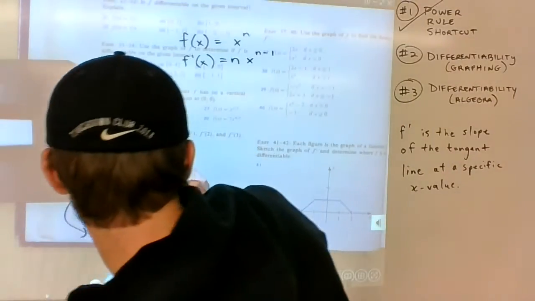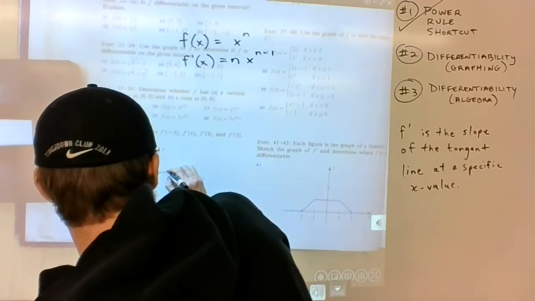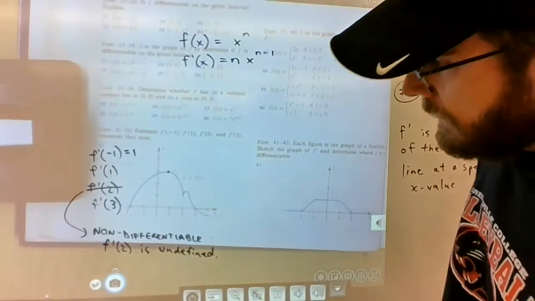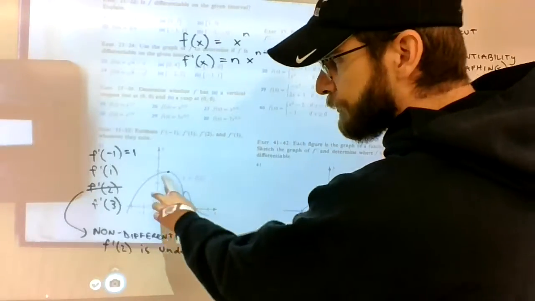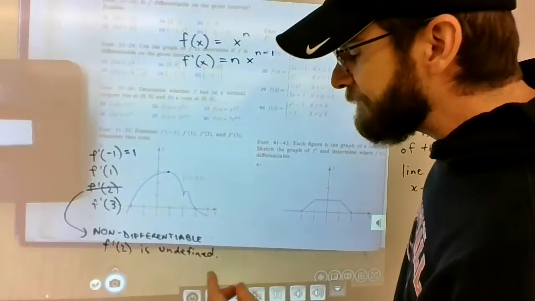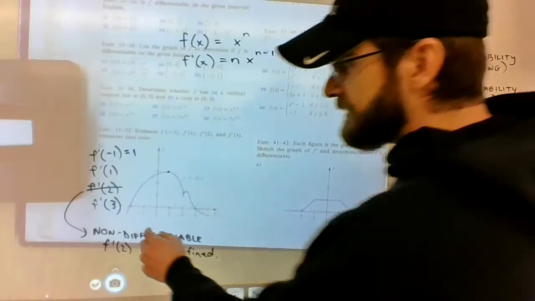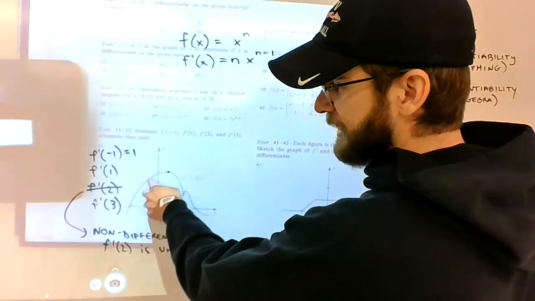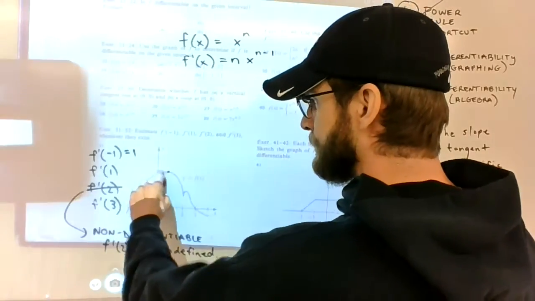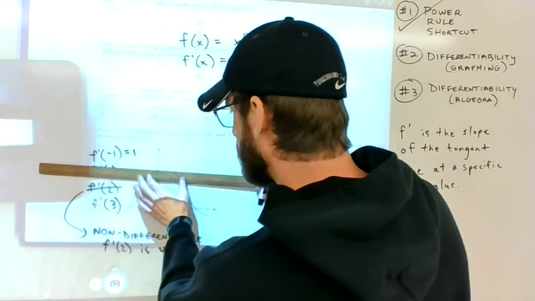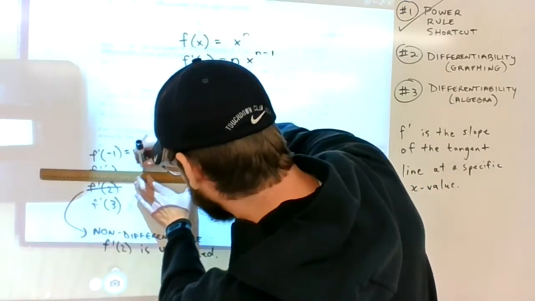At 1, it kind of looks like we've reached a peak at some point. We've reached a max value. And if we've reached a max value, that means that all the slopes of the tangent lines were starting to get less steep, less steep, less steep, and then they basically just completely leveled out right here.